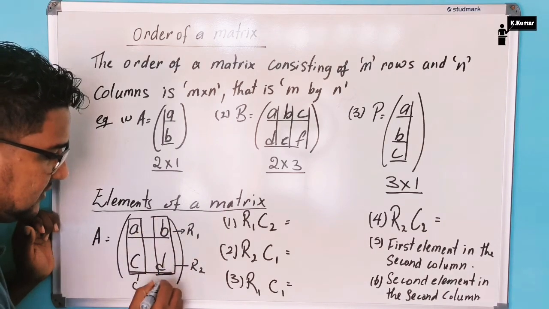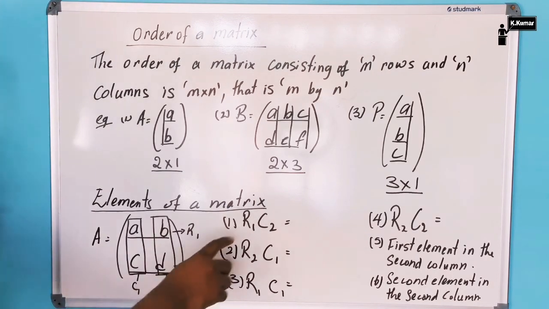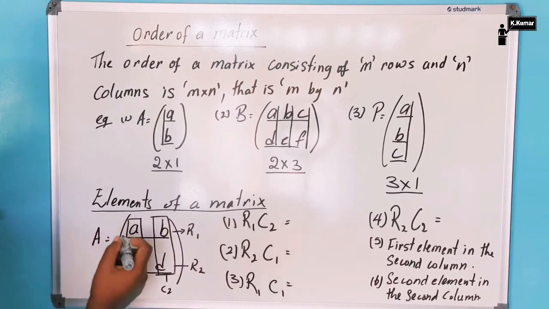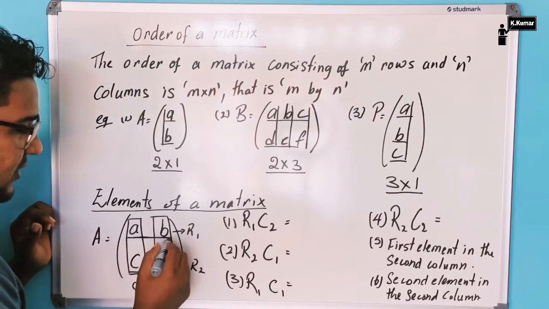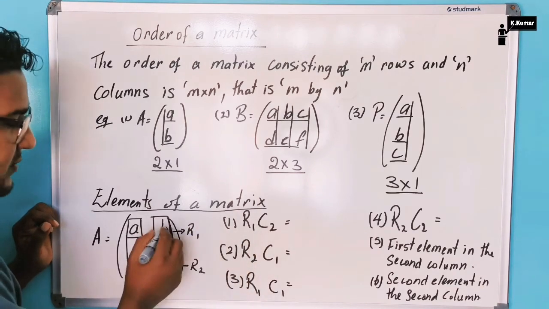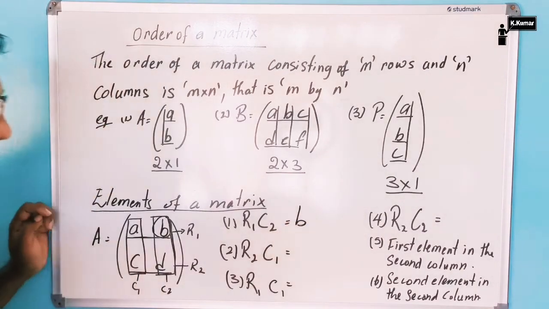And this is column 2. So if they ask you to identify the element that is in row 1, column 2, then you have to look at row 1 and column 2, right? So the element that is in row 1, column 2 would be this element, and that is B.